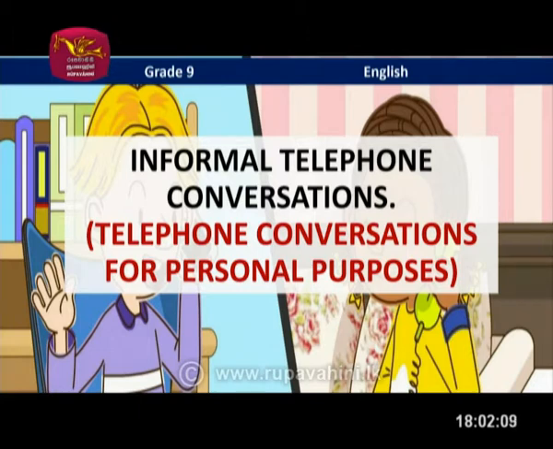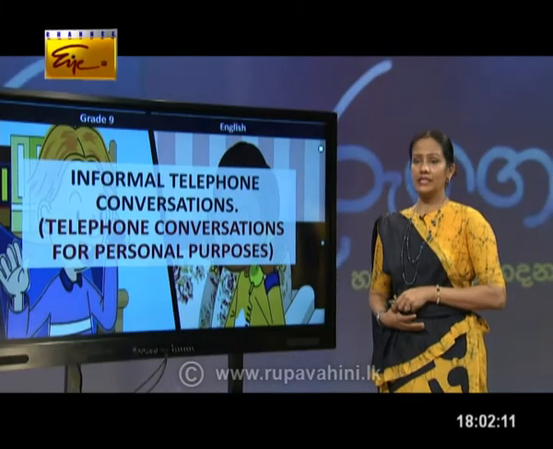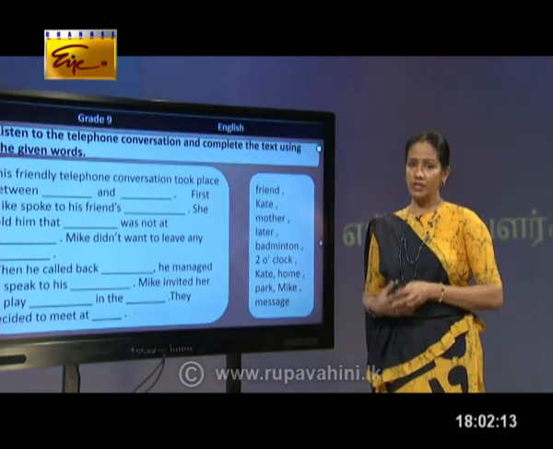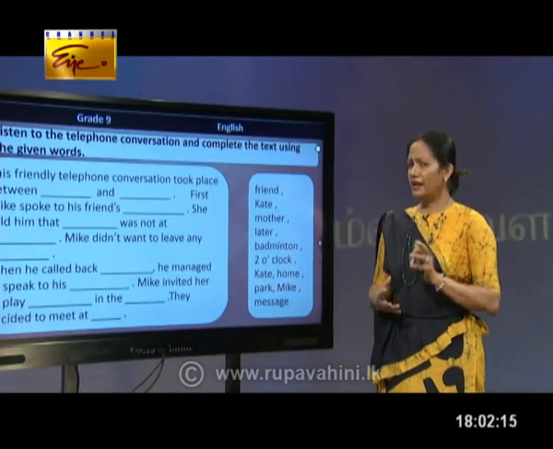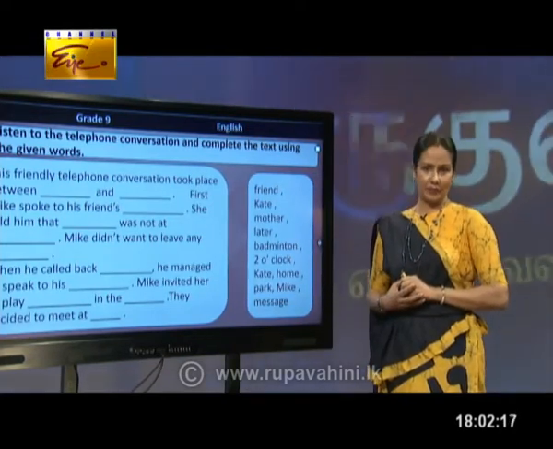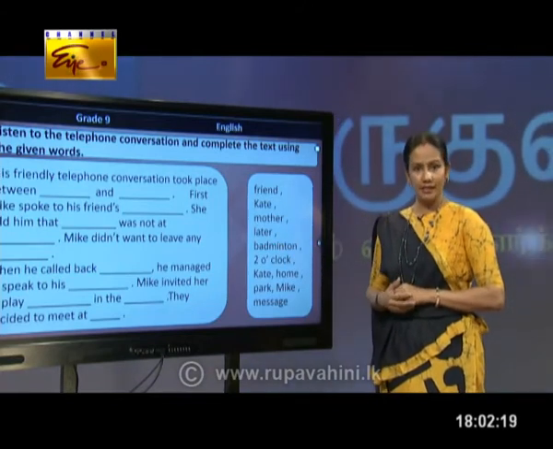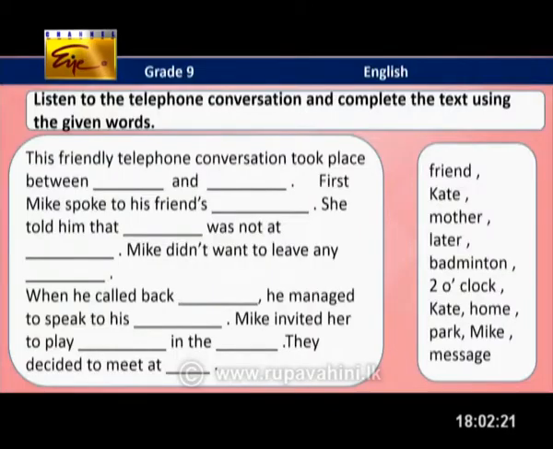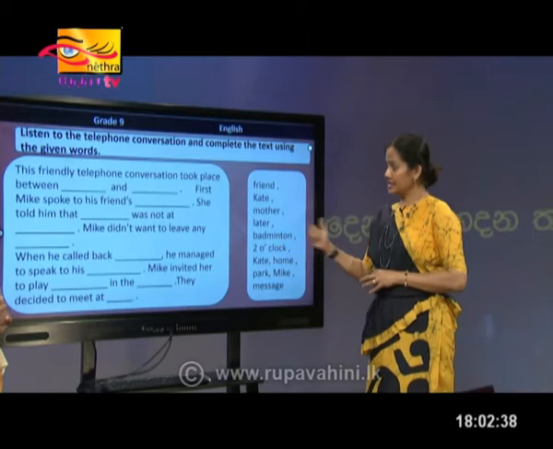But before actually listening to a telephone conversation between two friends, I have prepared an activity for you. I think now you can see it on the screen. This is a telephone conversation between two friends. You have to listen to the telephone conversation that we are going to play now, and fill in the blanks, and the words are given in the small box on the right side.